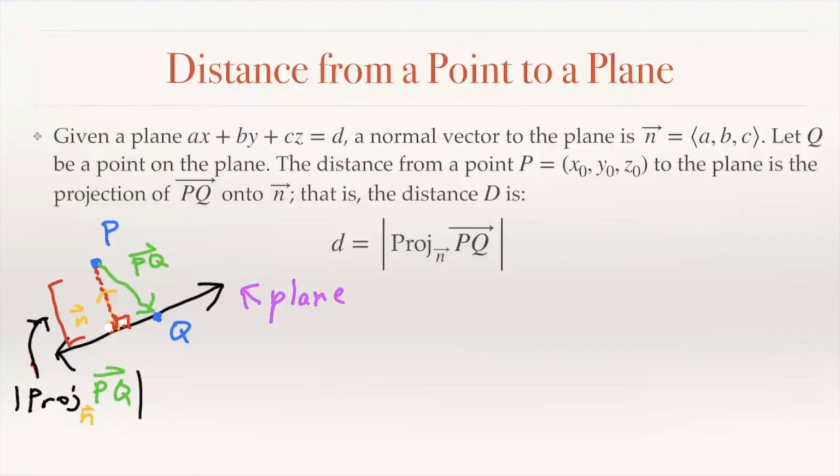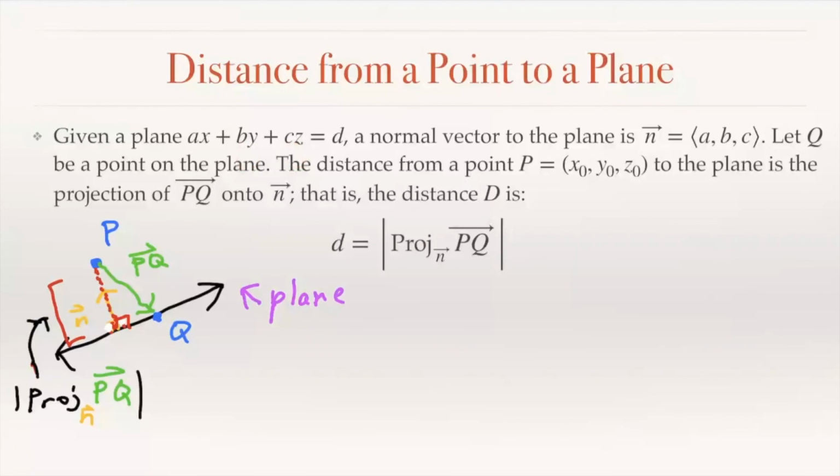And it's really just that. At this point, it's just a matter of, similar to some previous things that we did, like finding the equation of a plane, the point normal form, we just want to expand and simplify this to get it in terms of ABC and our point Q.